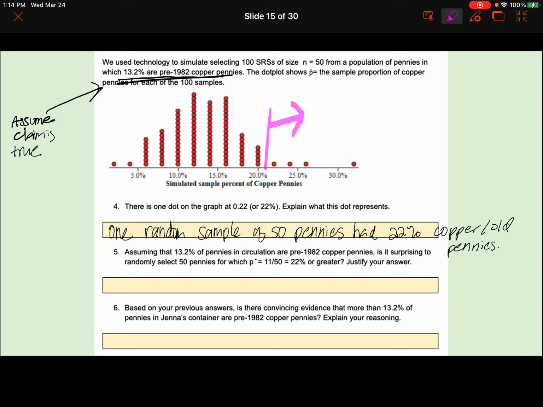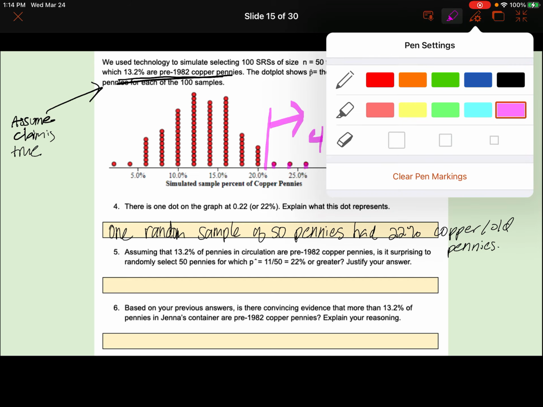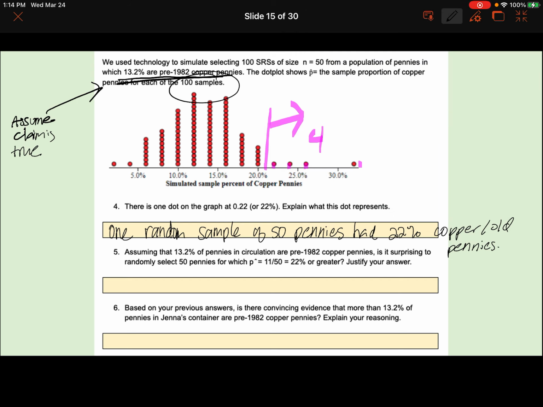So I always like to draw the line and the arrow because that's going to show me which side of the graph that I'm looking at. So based off of that, I can see that 4 of my samples had a result that was 22% or greater. And let's see, there were 100 samples altogether. So 4 out of 100 is 4%. That's literally what a percent is out of 100. Okay, moving on.